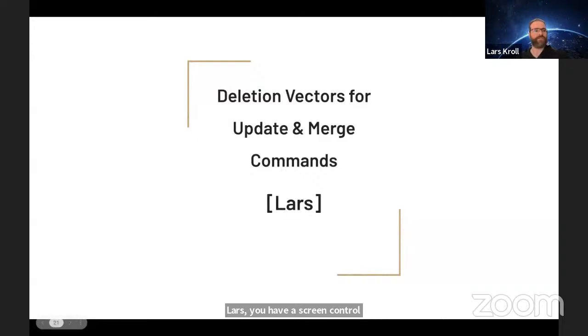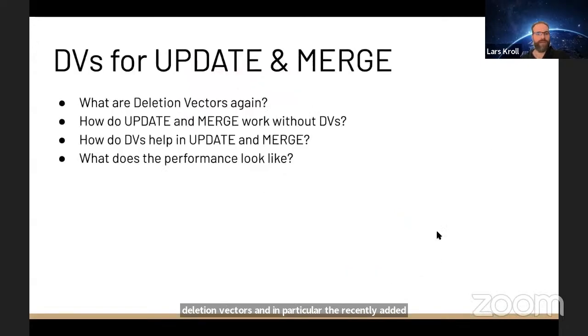All right, so I'm going to talk about deletion vectors and in particular the recently added support for the update and merge commands. And I'm going to do this in 4 steps. The first 2 are essentially giving some background so that everyone can follow along no matter how much time you've spent looking into this before.